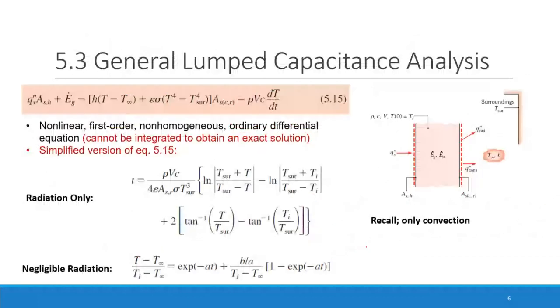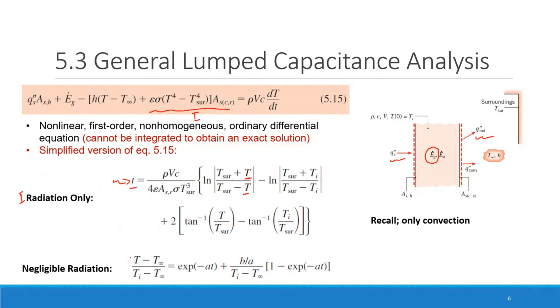Okay. Here are more general cases, another section. When we have radiation, if we have heat flux in, if we have heat generation, the ordinary equation will be a little bit more complicated to be solved compared to the previous one. Therefore, as it was solved in your textbook, case by case, when we have just the radiation term, this is the solution. This is the relationship between the time and temperature.